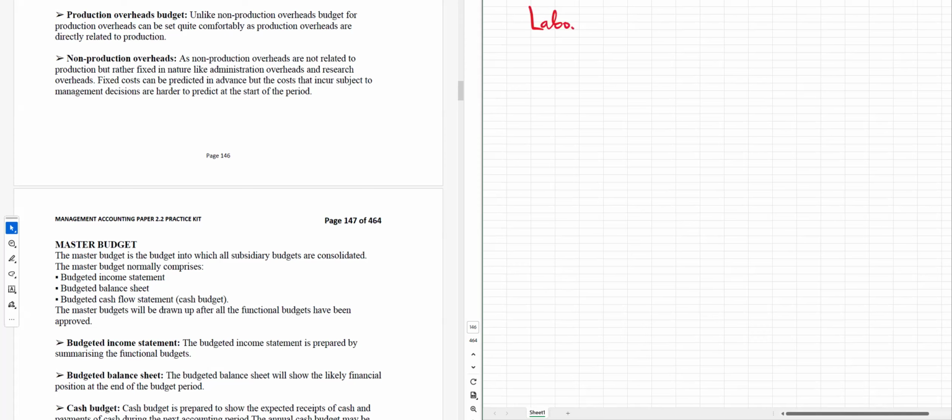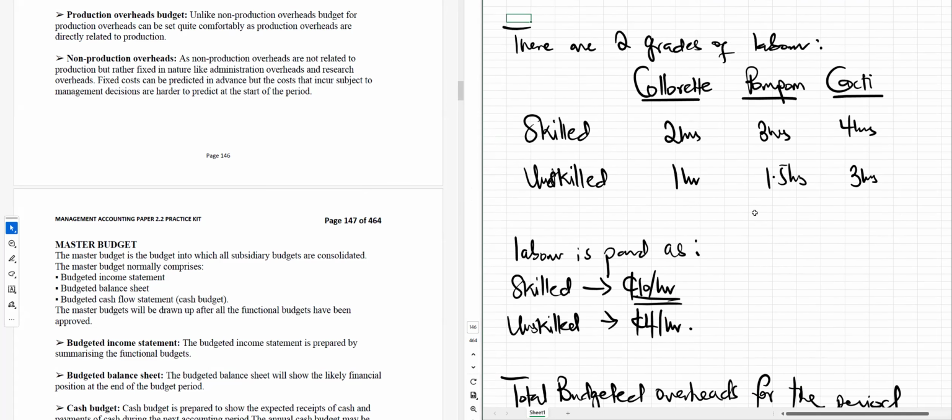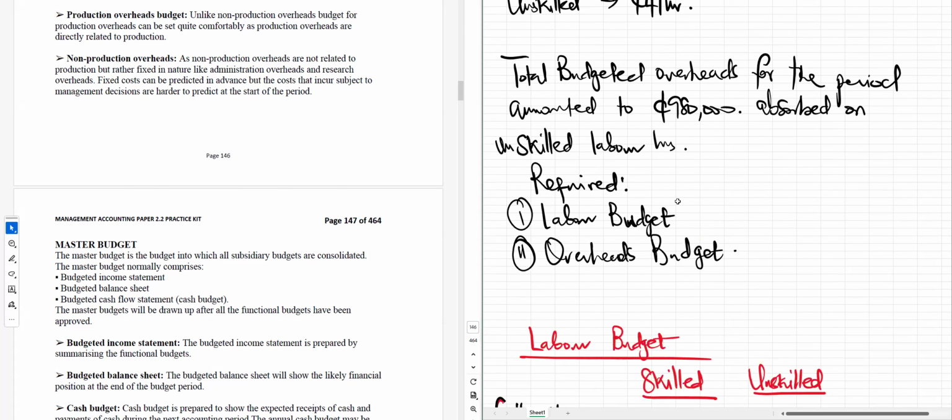So labor budget. The same way we add skilled and unskilled, just like we did for the raw material, it's the same thing. So for colorate skilled, how many hours were we using? 2 hours.